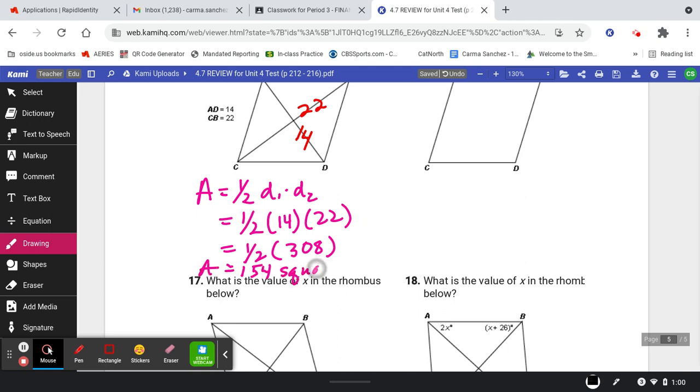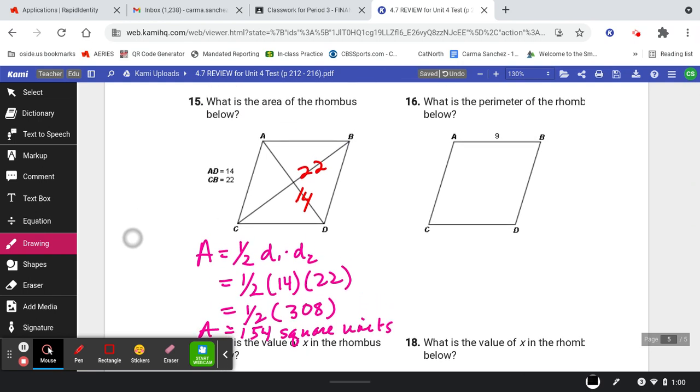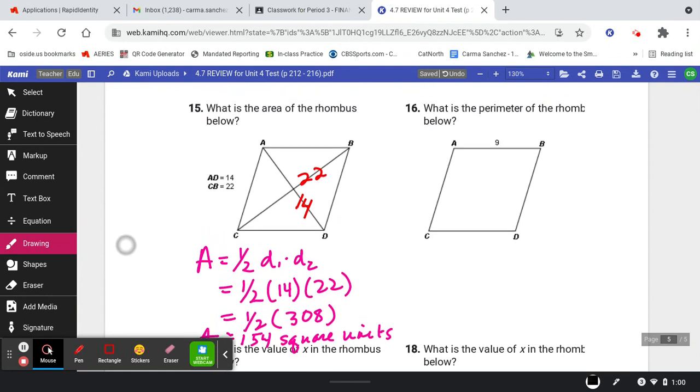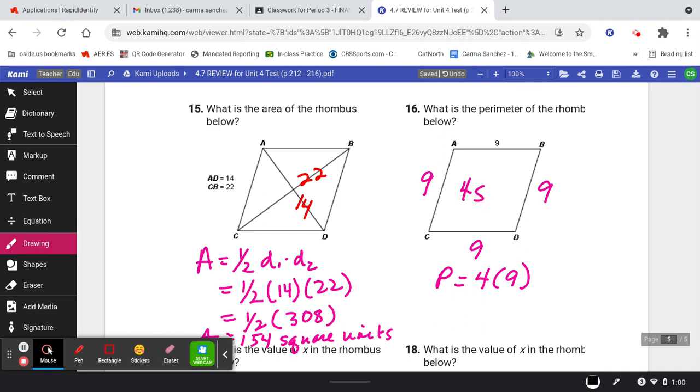And again, it's square units if they don't tell us what the units are, because it's area. What's the perimeter of the rhombus below? Because it's a rhombus, remember that all of its sides are equal, and so the perimeter of a rhombus is 4 times the side length. So this perimeter is just 36 units.